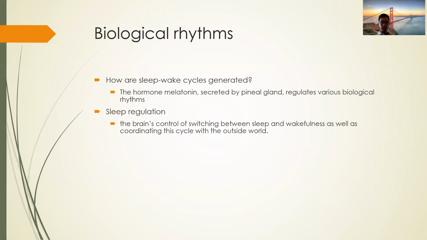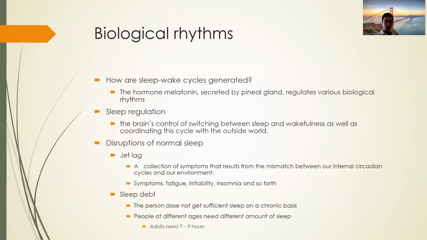So our body can regulate sleep because the brain controls whether the physical body is sleeping or whether the physical body is awake. Sometimes the normal sleep can be disrupted. For example, there can be jet lag, because the physical body is still used to the old original time zone. It cannot get used to the new time zone that fast.